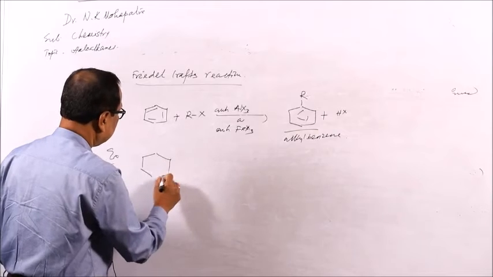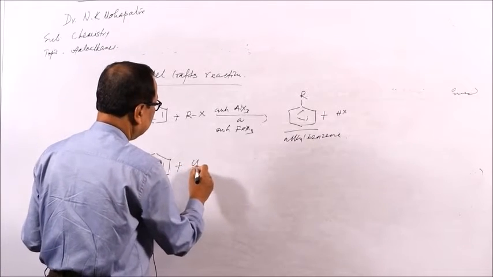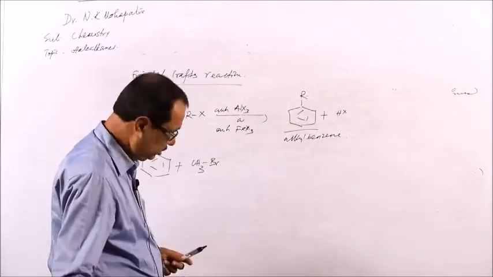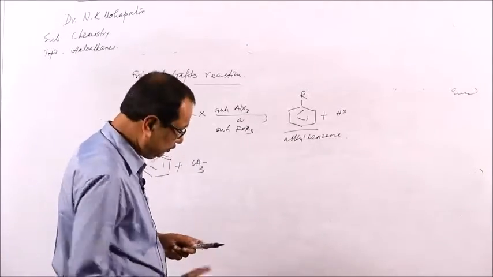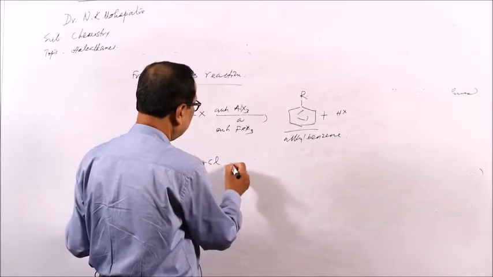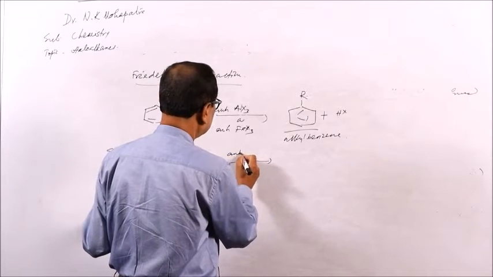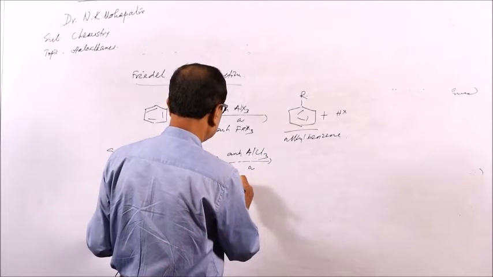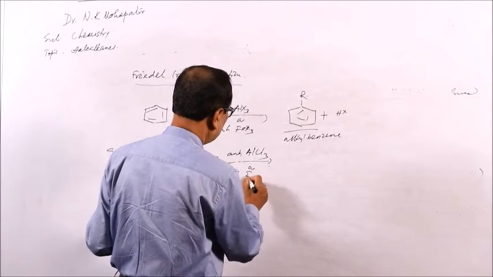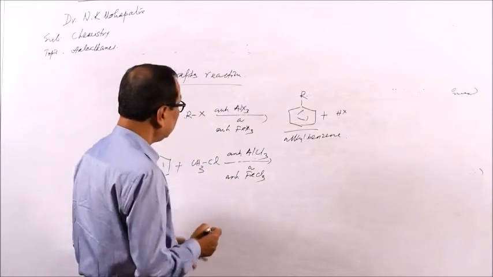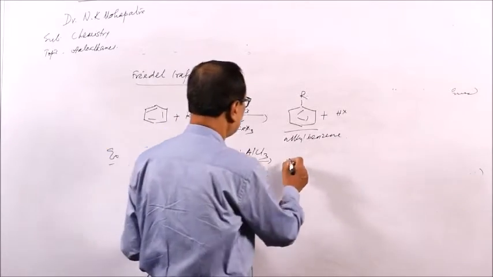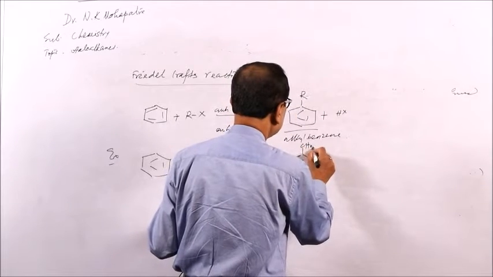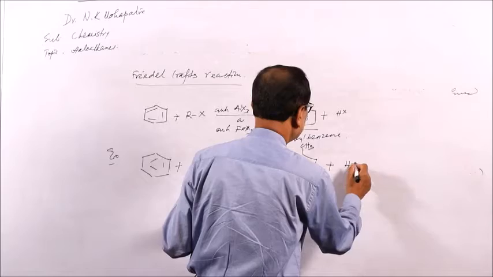For example, benzene when treated with methyl chloride in presence of anhydrous aluminum chloride or anhydrous ferric chloride, the product formed will be C6H5CH3 plus HCl.